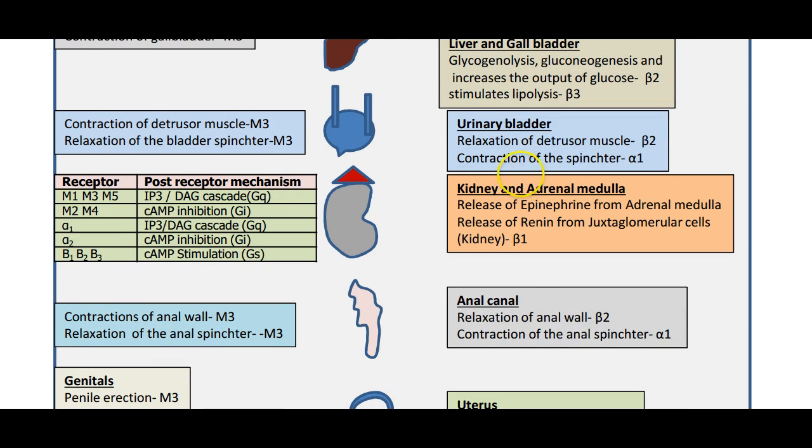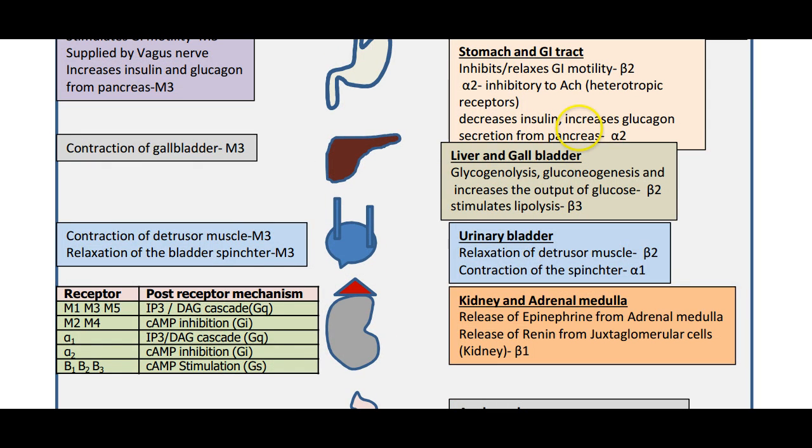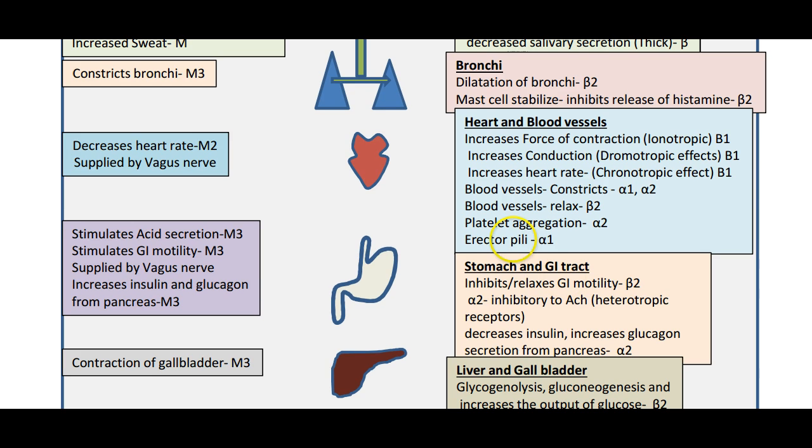Other areas where they are present are the sphincters of both urinary bladder as well as anal canal, and here they cause contraction of the sphincters. The other location which is very important for alpha 1 is the blood vessels. In the blood vessels, alpha 1 receptor activation will cause vasoconstriction.